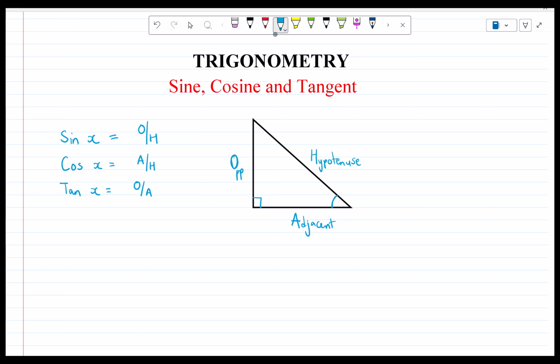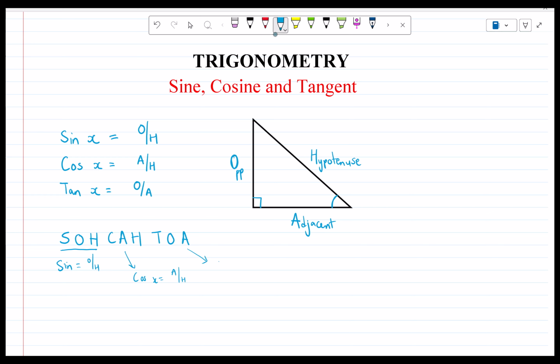There is a shortcut, or a name that I can give you so that you do not forget these functions, and that is SOHCAHTOA. SOH means sine is equal to opposite over hypotenuse. CAH means cos x is adjacent over hypotenuse.